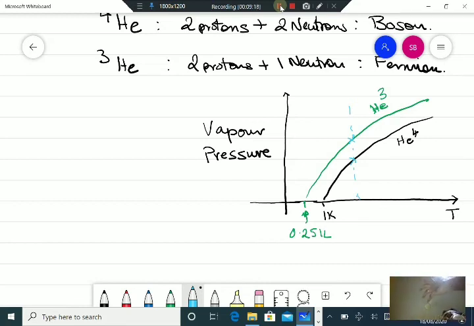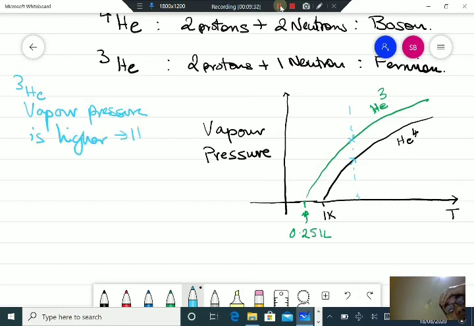So with helium-3, because its vapor pressure is higher compared to helium-4, you can actually bring it down to around 0.25 Kelvin.